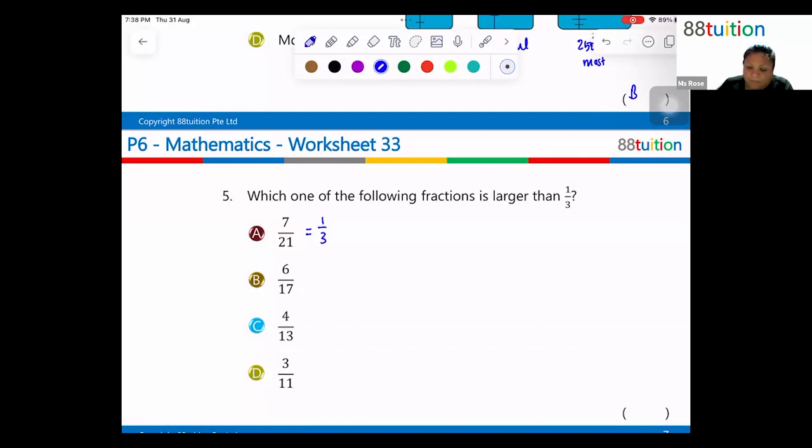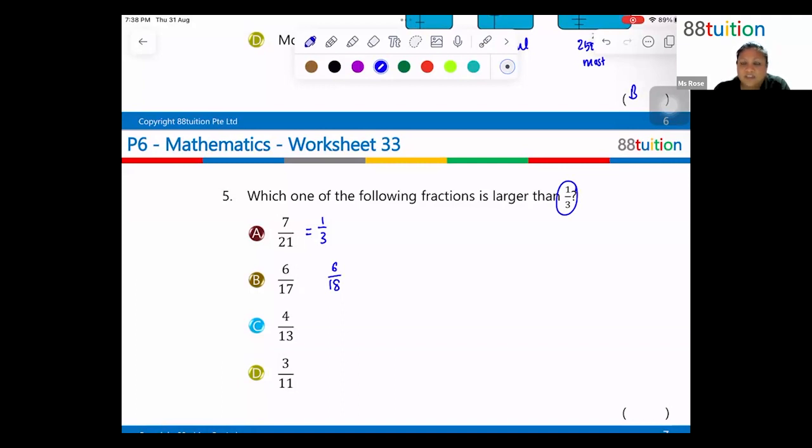Okay, now, I want to compare with 1/3, isn't it? So if I take times 3, if I take 6/18, that means I make it into an equivalent fraction.